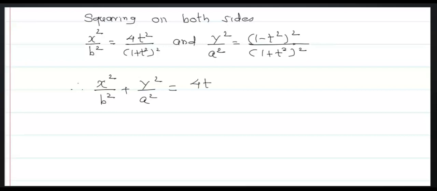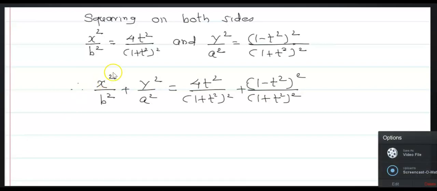It's a very common formula for the ellipse. x square upon b square plus y square upon a square is equal to 4t square upon 1 plus t square bracket square plus 1 minus t square bracket square upon 1 plus t square bracket square.